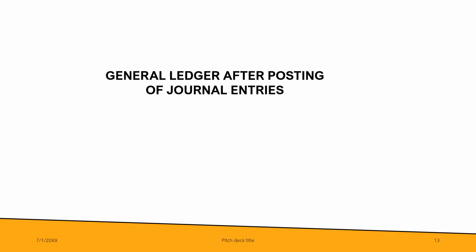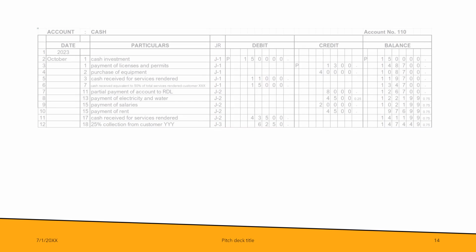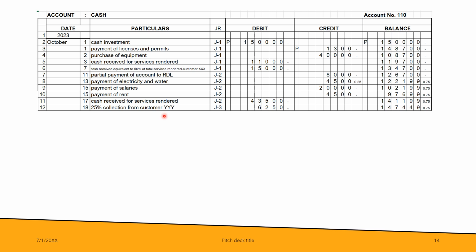Next, this is the general ledger after posting of journal entries. We have in the previous slide the journal entries for the month, and this is how the general ledger for each account looks like after we posted all the general journal transactions. Particularly the cash account, we have here an entry. So at the end of the month, you can determine the ending balance.